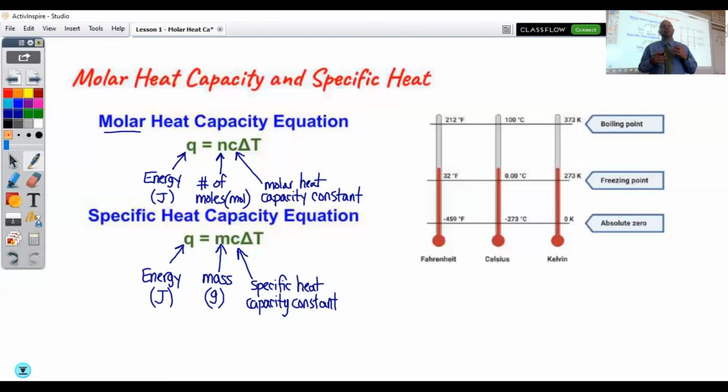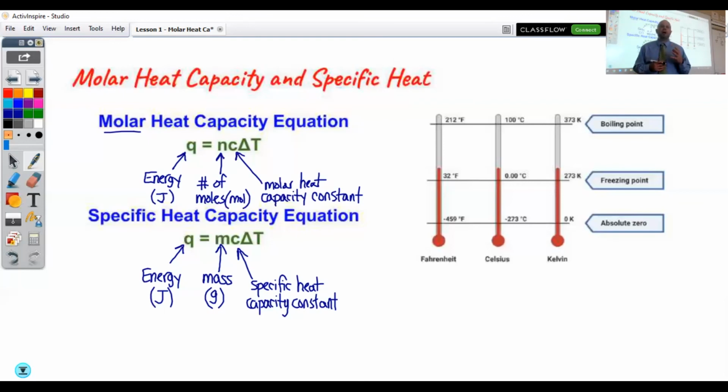In addition, the molar heat capacity constant shows you how much energy is absorbed and how much energy is released. So water is going to absorb a tremendous amount of energy, and it's going to hold on to that energy for a longer period of time and then release that energy very slowly.